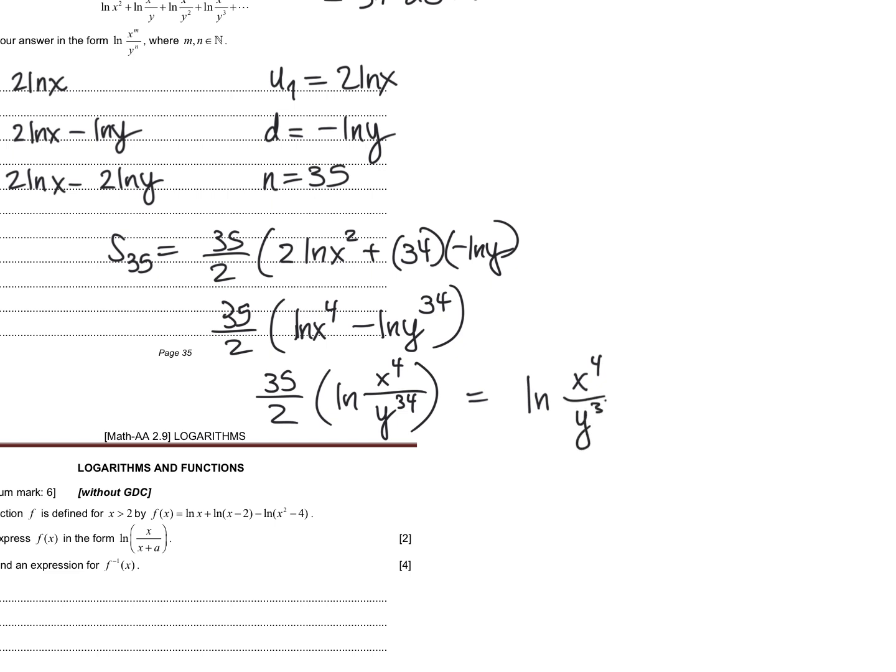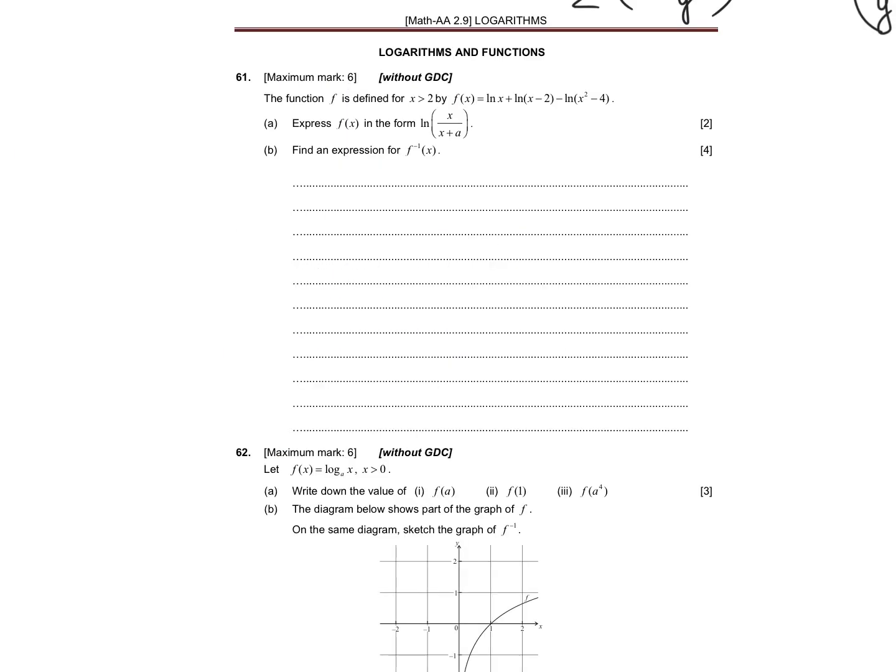So that's going to be natural log x to the 70th, because it's 35 times 4 over 2, over y to the 17 times 35, whatever that is, because it's going to be 35 times 34 over 2, which is 35 times 17.